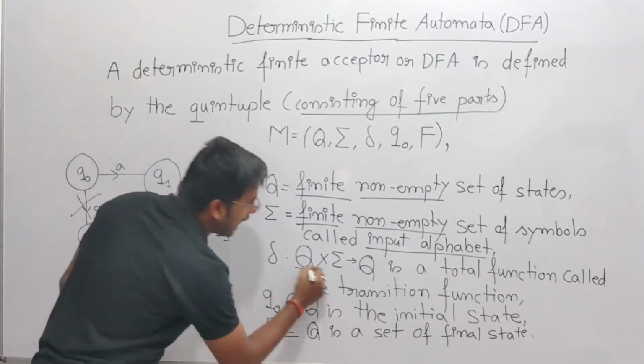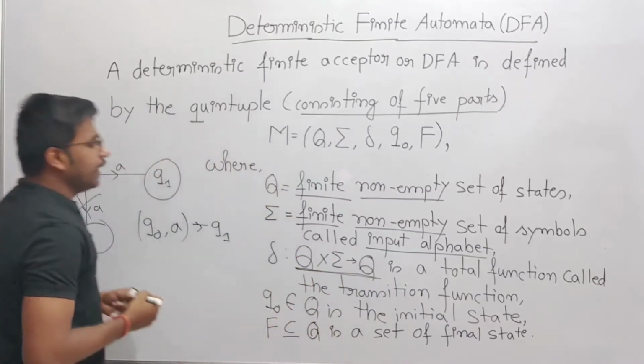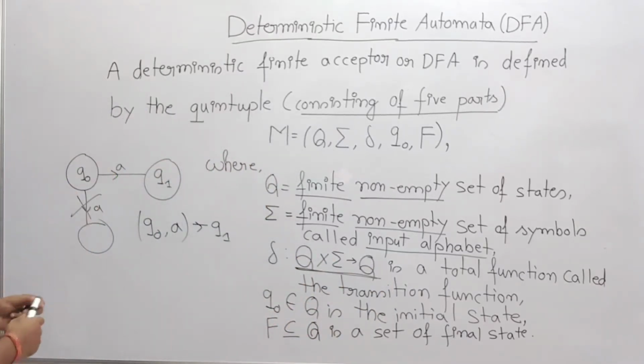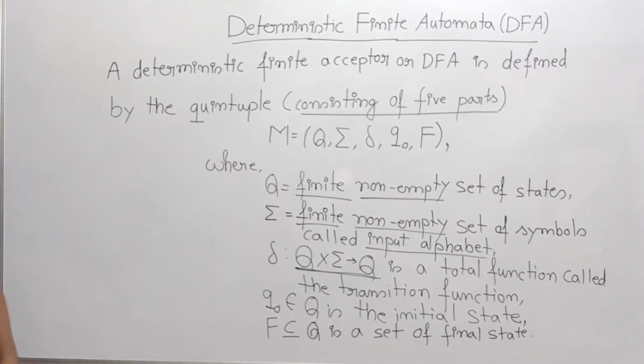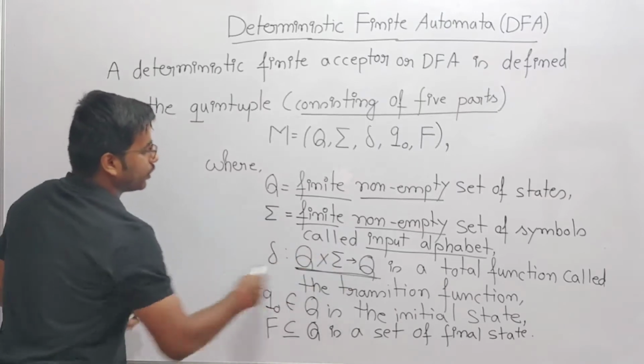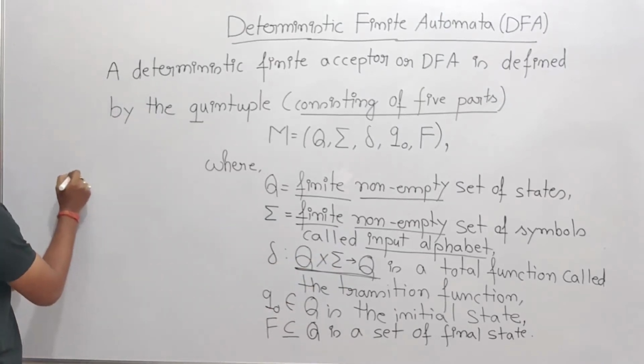Because of that, from one state it is going to only one state, because delta is saying that from one state by getting one input alphabet it is going to one state only.